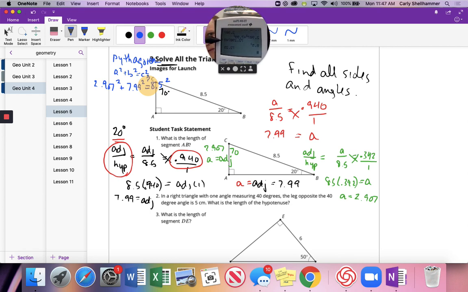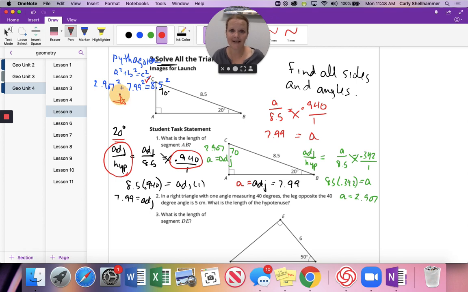I have 72.29. And then I checked it against 8.5 squared, which is 72.25. They're equal. Okay, that's close enough. So we just checked our work to make sure we got it right. So I can actually erase that question mark and put a check mark. Okay, we did it right.